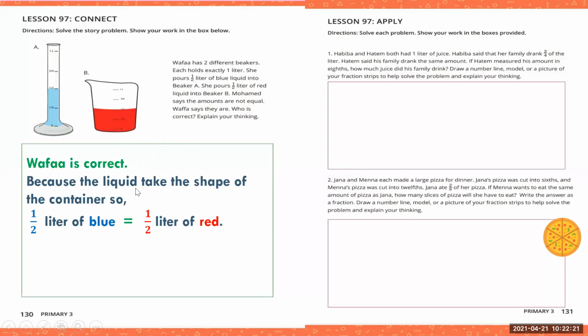Because the liquid takes the shape of the container. We studied it in science. If we put a liquid into any container like this, the liquid will take the shape of the container. But if we compare the amounts, we will find here half liter of blue will be equal to half liter of red.